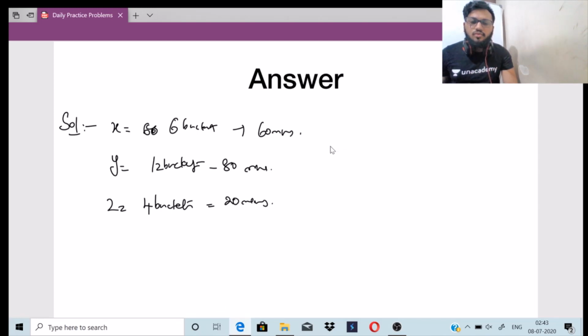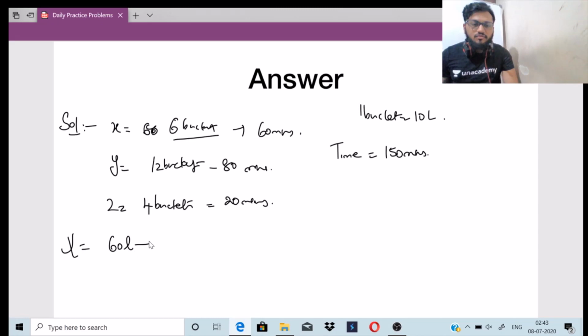The overall time taken to fill the tank is 150 minutes. Now let us calculate the X value here. One bucket is equal to 10 liters, so 6 buckets means 60 liters of water in 60 minutes.